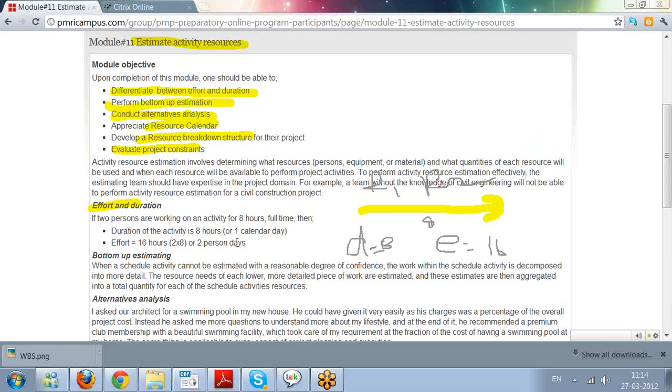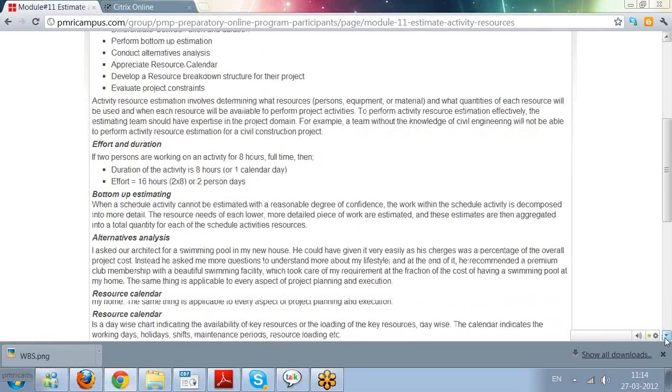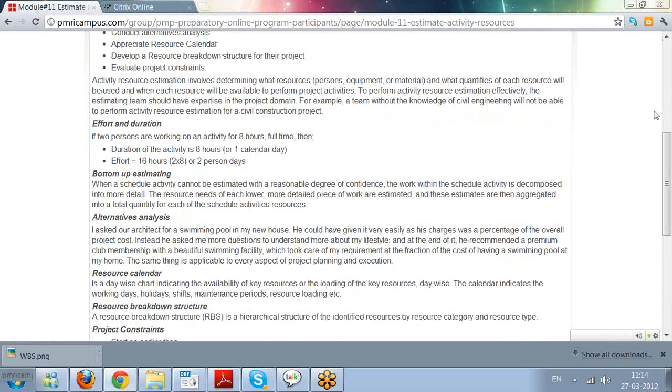Then comes bottom-up estimation. Here we start from the statement of work, which got expanded into scope, and which got decomposed into a work breakdown structure.